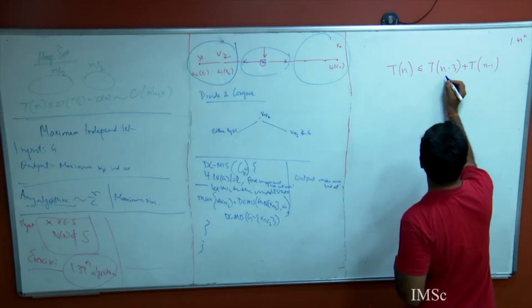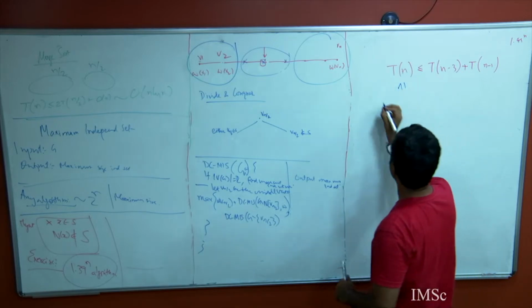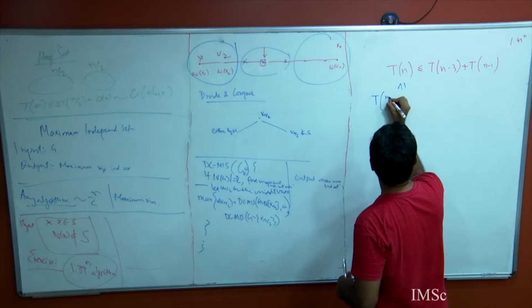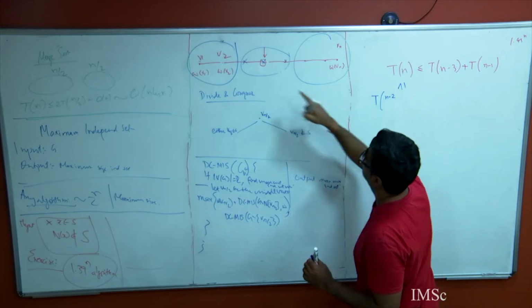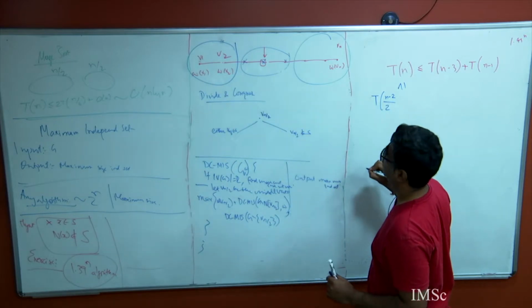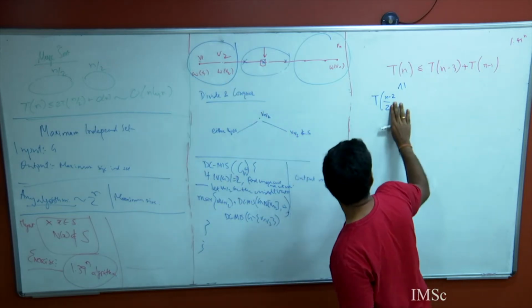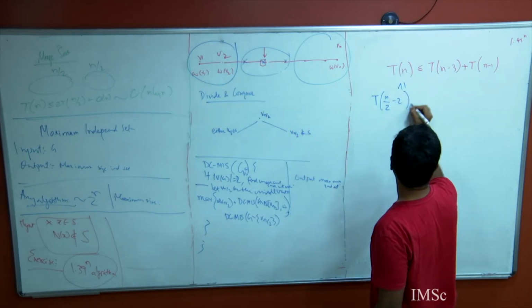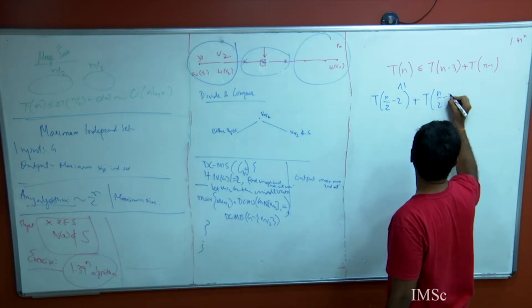So I could replace this recurrence. Let's write here less than or equal to: T of n minus 2 divided by 2 maybe. So if this is the middle, then n by 2 minus 2 plus another same thing.